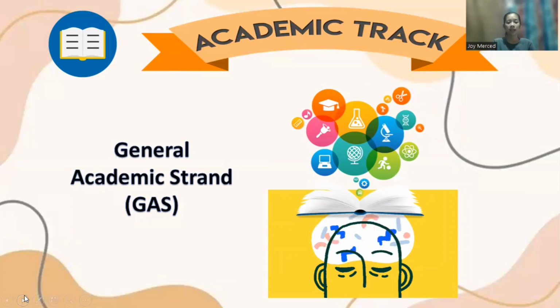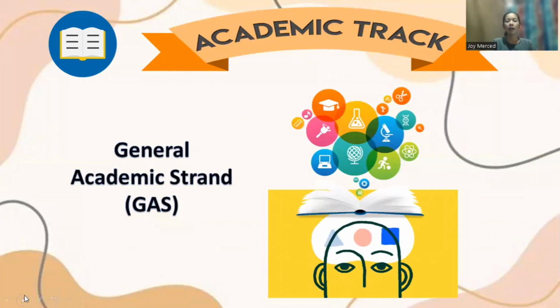It is also viable for offering in secondary schools with low student population. This allows for electives that may be a combination of related subjects from the other tracks or strands in the senior high school curriculum. Those are the four strands of the academic track.